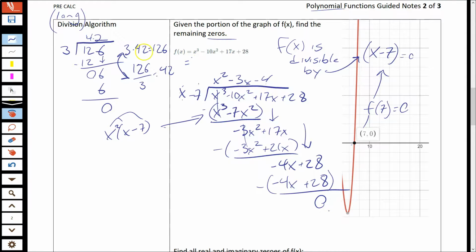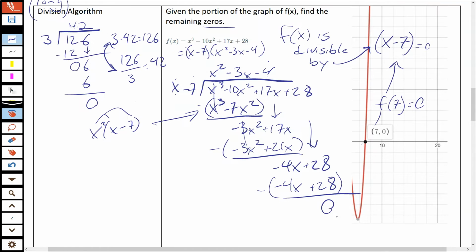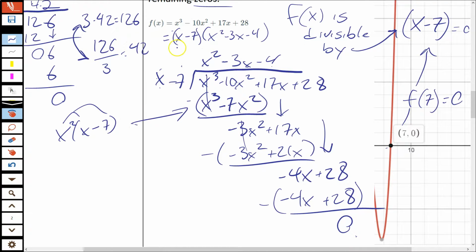What this means now is I can rewrite it just like I did here, right? So I can say that this function is equal to x minus 7 times the result that I just got. Even more so now, notice I just have a quadratic that I can factor. So x minus 7 I'm going to keep the same. And then I'm going to notice that this can be factored as x minus 4 times x plus 1.